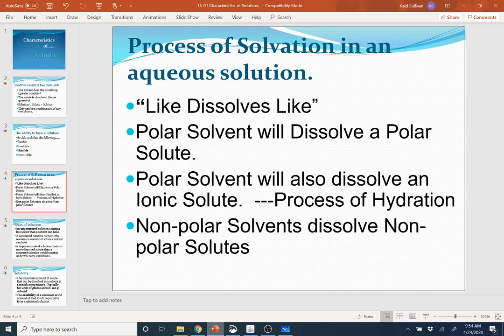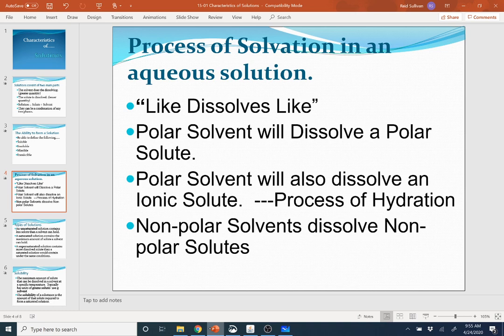Sometimes adding the soap helps the water dissolve it. Most of the soap is nonpolar. There's a small part that's polar, so it can dissolve the nonpolar things, and then it can also interact with the water. Sometimes those things don't work, so you'll have to go to a full-blown nonpolar solvent, like acetone, and then it will actually clean it off.